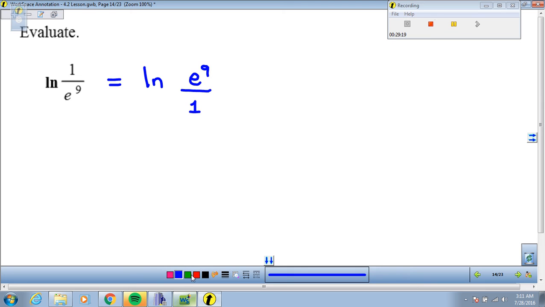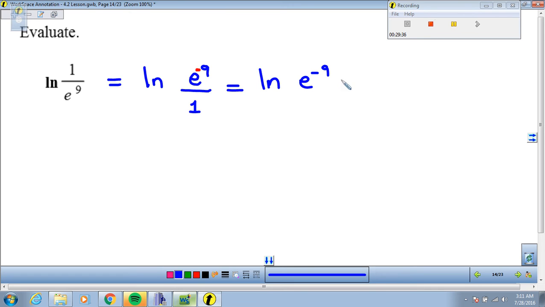When you flip around a fraction, the exponent changes to the opposite sign. So now what's e to the negative 9 over 1? Well, in reality, I do not even need to write the 1 on the denominator, because anything divided by 1, the answer would be the same thing. So all I did is flip around, do the reciprocal of the fraction. Because of that, you need to change the sign on the exponent to the opposite.